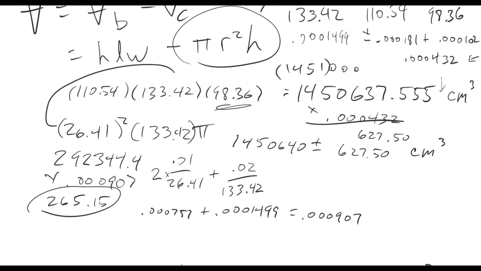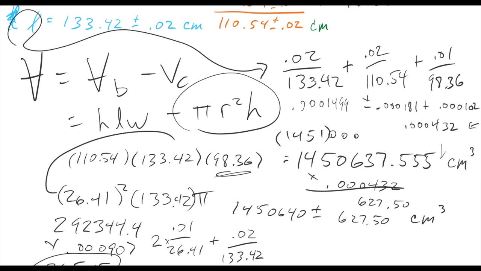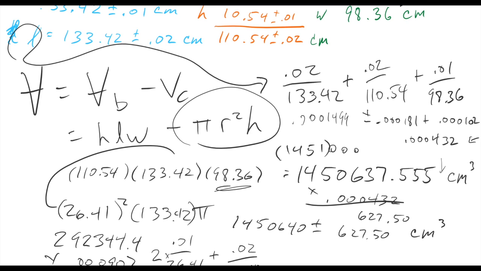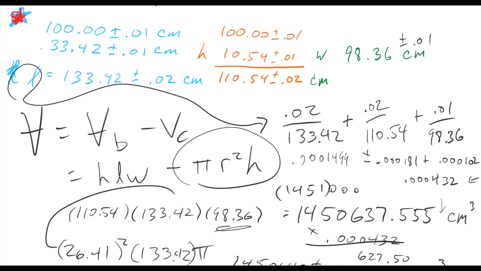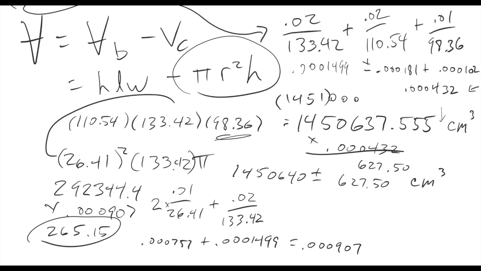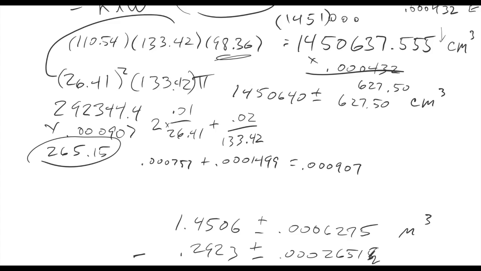And our relative error, therefore, when we start dividing, should have no more than one significant figure, because that 0 does not count. So I get to round that guy to 0.0009.